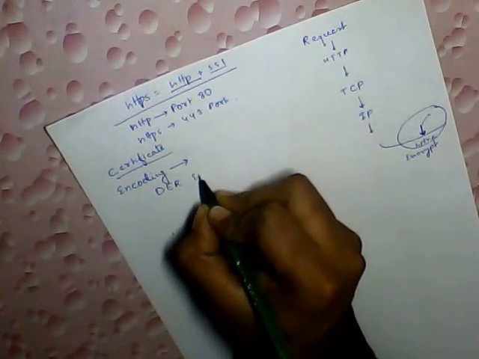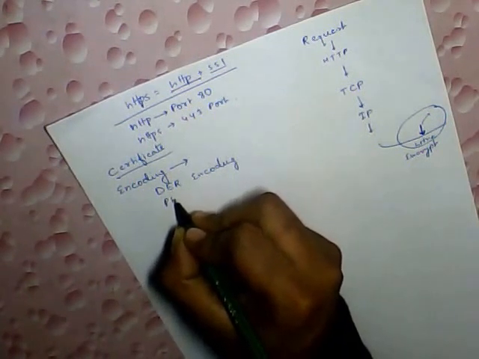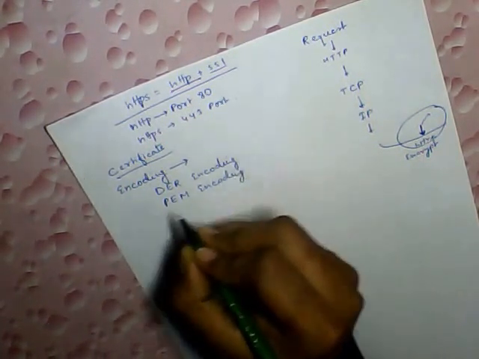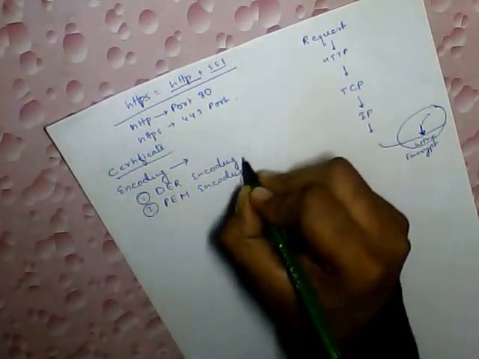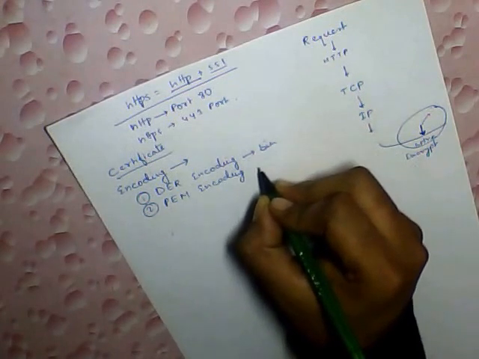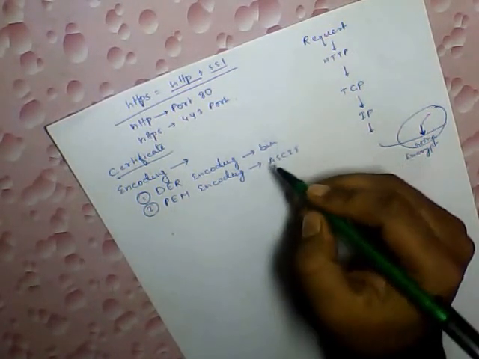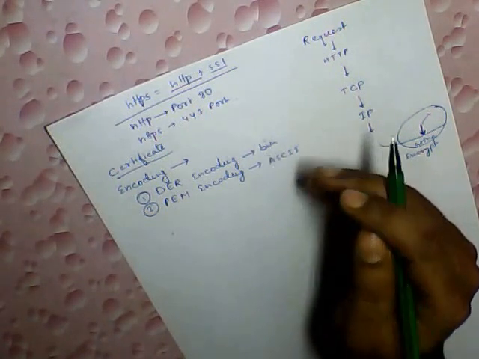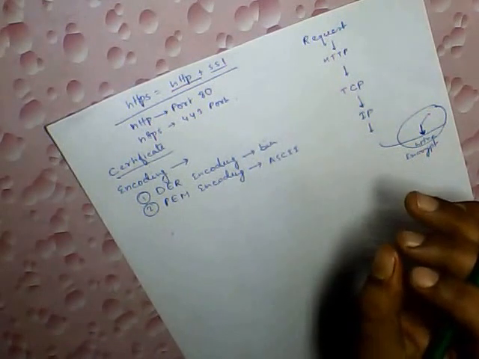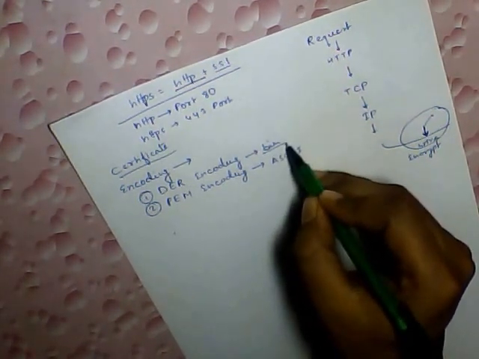Encoding, we can have DER encoding and PEM encoding, basically these two. In DER encoding we have binary format encoding, and in PEM encoding we have ASCII format encoding. What does this mean? If you create a certificate with DER encoding and right click and try to open it with Notepad, it will give you binary output.